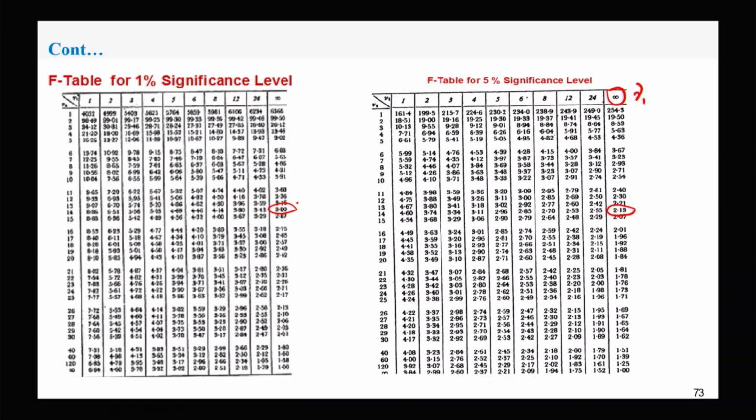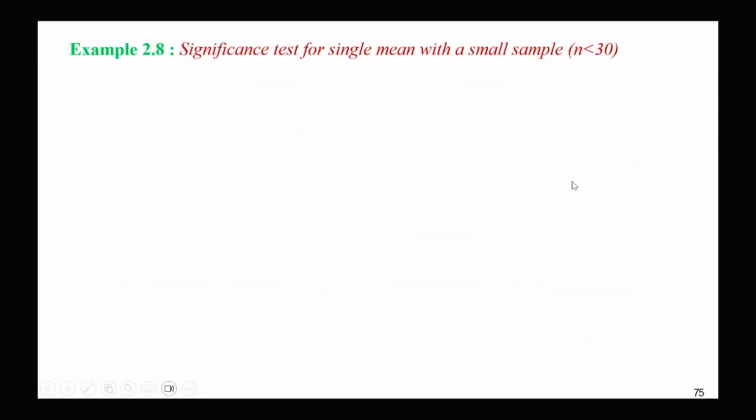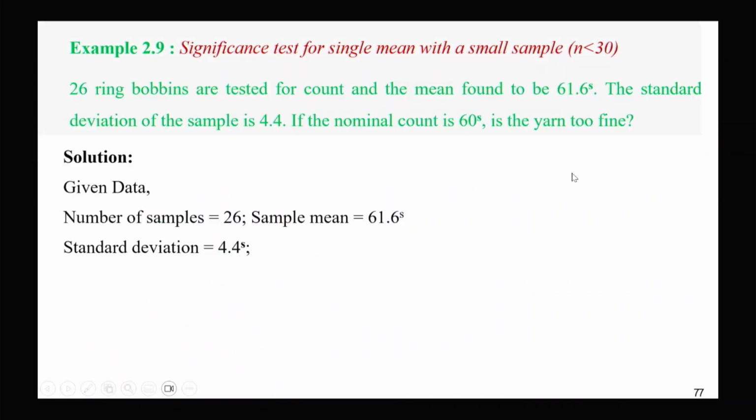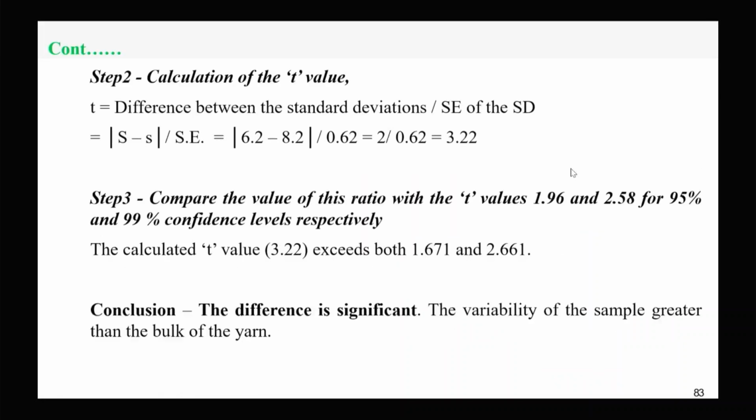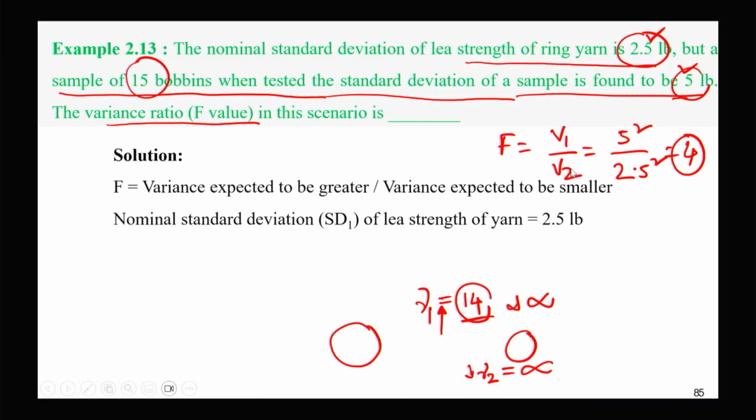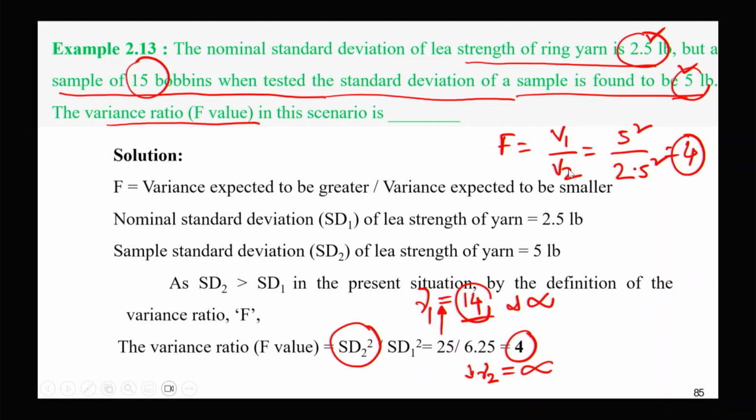So, 3.00 and 2.13 are less than our calculated value. So, we can conclude that this difference is significant. 2.5 and 5, the difference is significant.